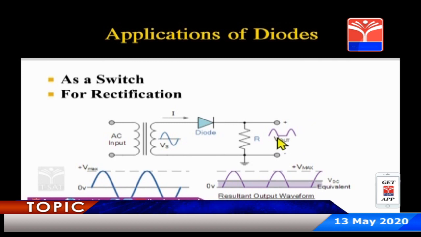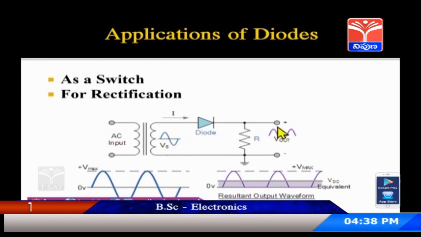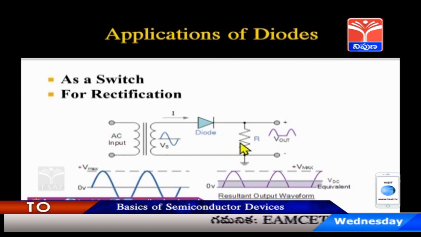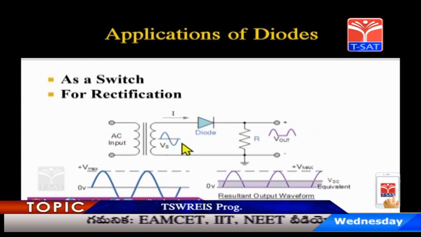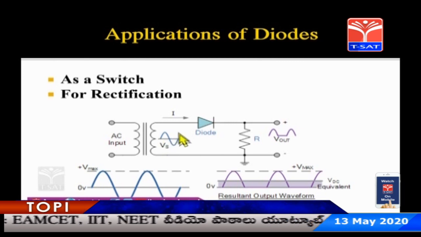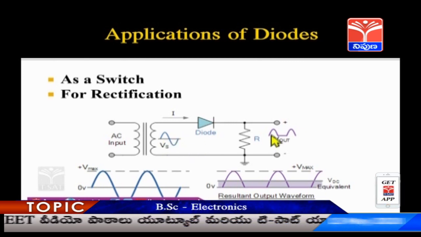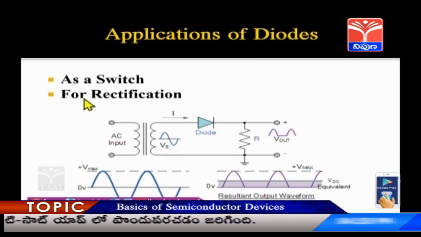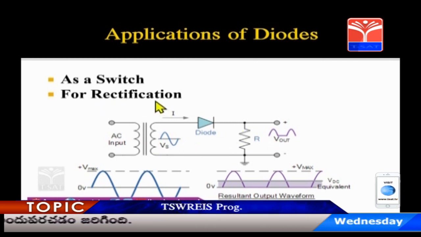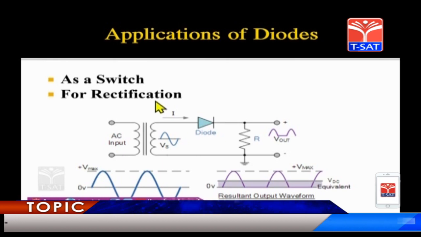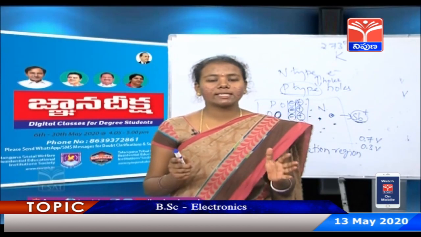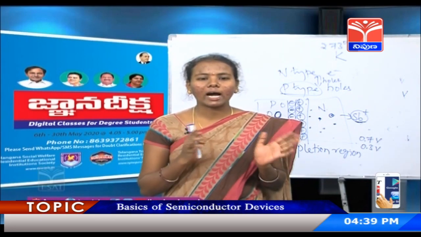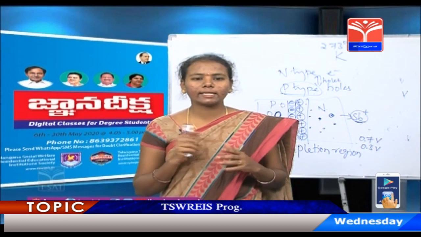That means at the output you will get only positive half cycles. You are converting alternating current into direct current. This is called rectification. So the diode acts as a rectifier. Rectifier means it converts alternating current into direct current.